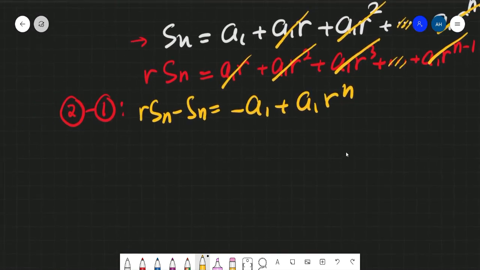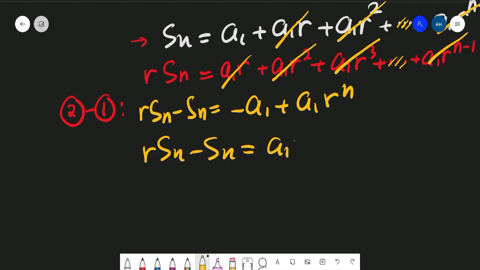Now let's rearrange the terms on the right hand side. We have rSn minus Sn equal to, I want to write down a1r to the power n first, and then subtract a1. For the left hand side we have Sn, and also we have Sn here.